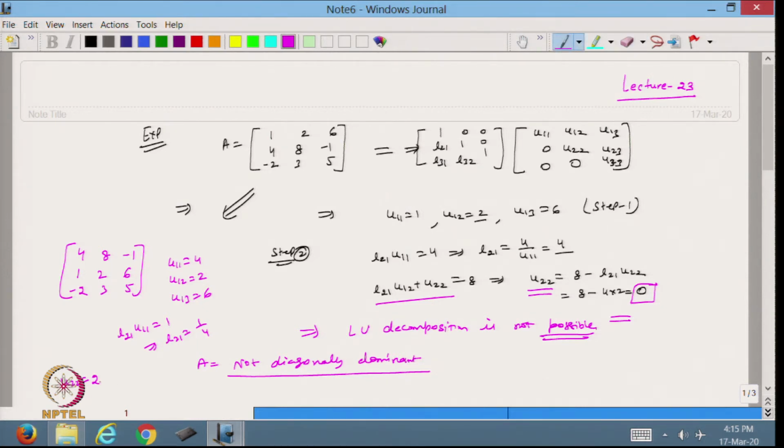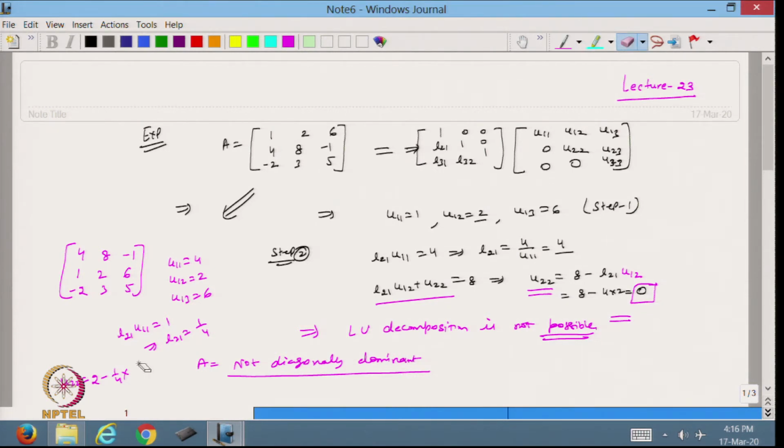So, that will be equal to 2 minus L21 into U22. So, L21 is 1 by 4 into U22, U22 is, yeah U12, right.